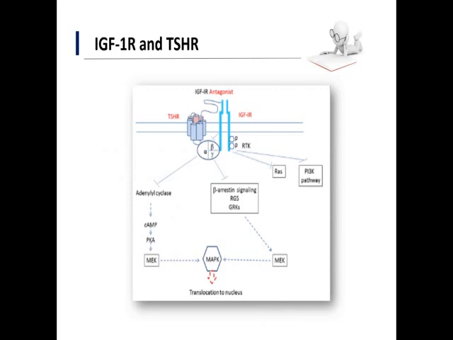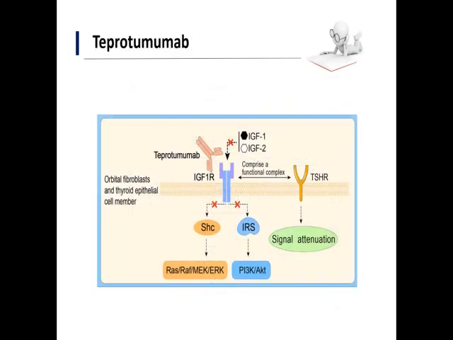The idea is that IGF-1 receptor and TSH receptor interact to form a complex that is inhibited by a monoclonal blocking antibody against IGF-1 receptor. And this antibody is teprotumumab, which by binding to the IGF-1 receptor blocks the pathway of the activated receptor.